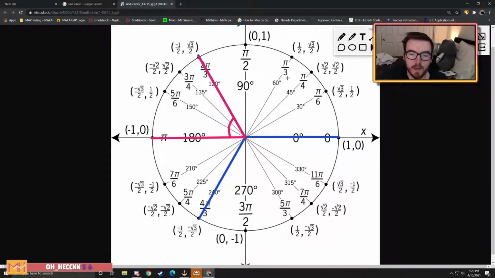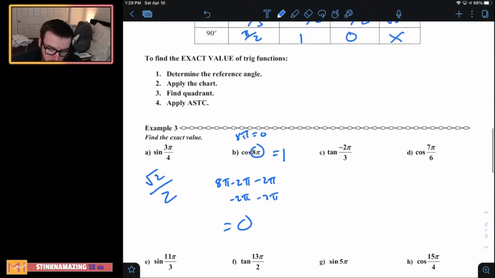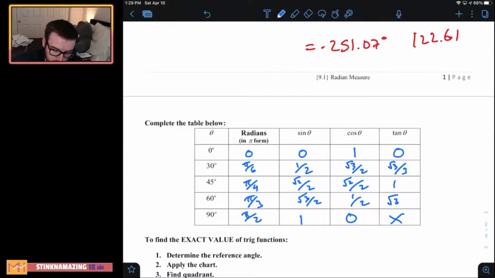Remember how useful reference angles are. Reference angles are a tool to help you answer the question. So if this is a 60-degree angle here, we can look at our table and we know that tangent of 60 degrees, or pi over 3, is root 3.